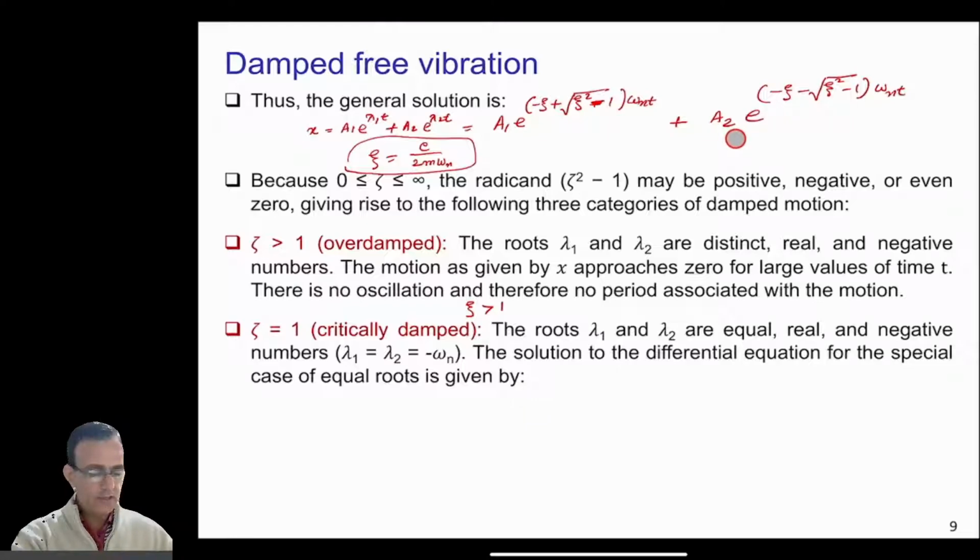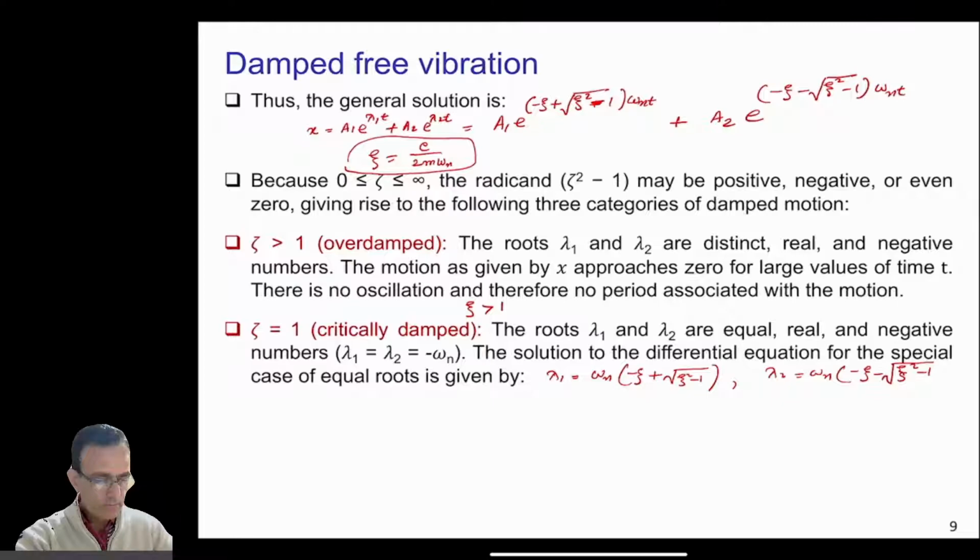So we know that if the roots are equal, and because this was our lambda 1 and this was our lambda 2, if this term is equal to 1 here, then for this critically damped system lambda 1 will become equal to minus omega n, and similarly lambda 2 will be equal to minus omega n, because zeta is equal to 1.